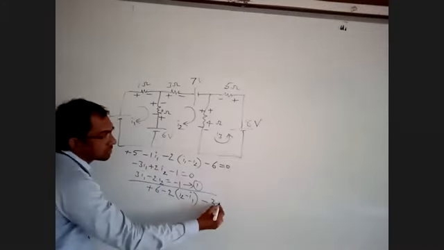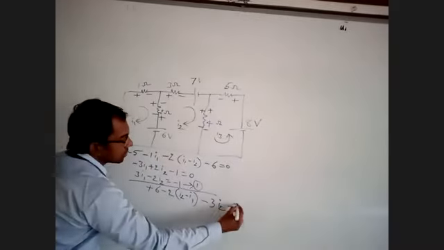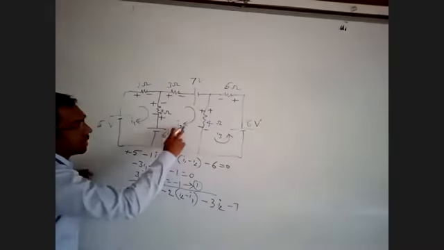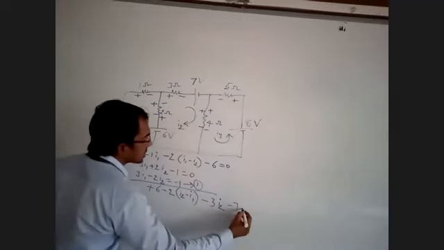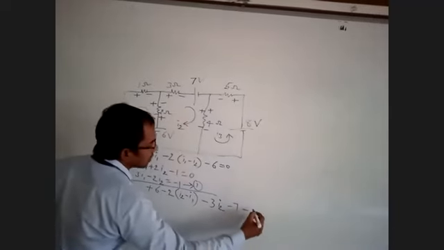What is the current in the 3 ohm? I2. I2 is going from plus to minus, so minus. Then minus 4. What is the current in 4 ohm? I2 plus I3.